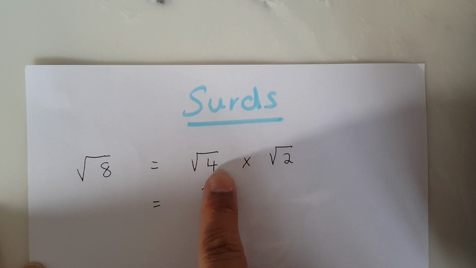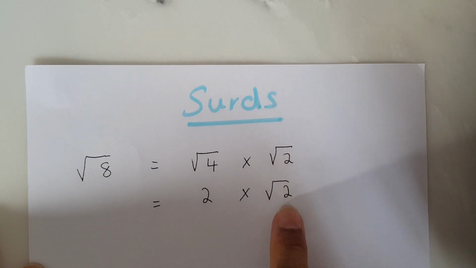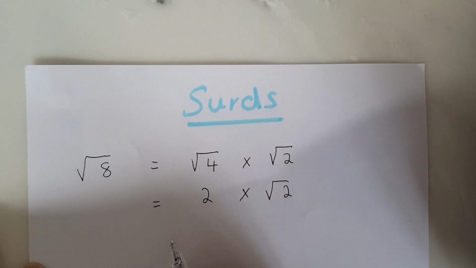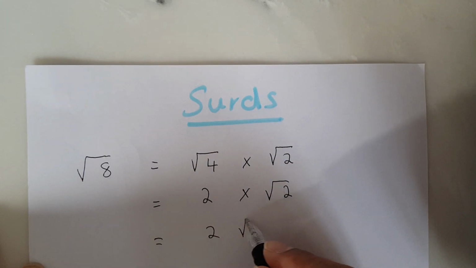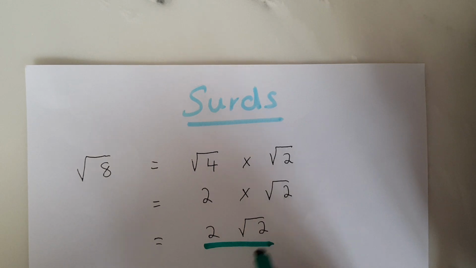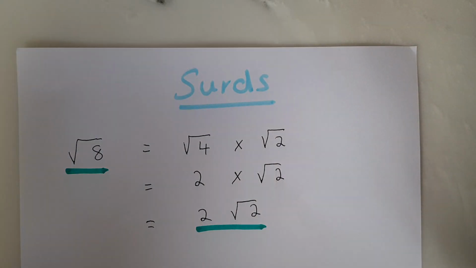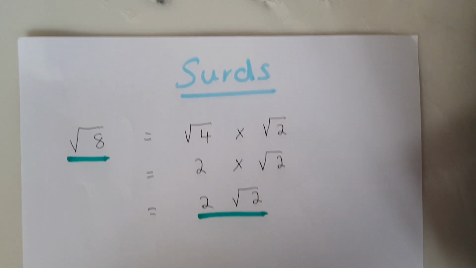One of these is not a surd, because 2 times 2 is 4. Multiply that by square root 2, which is definitely a surd. You can't do anything with that. So when you simplify square root of 8, you get 2 square root 2.